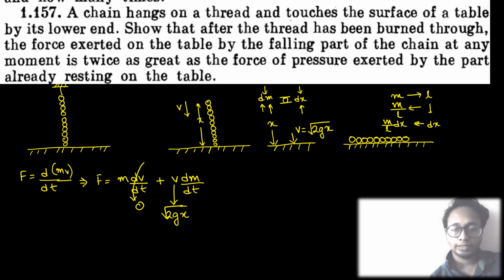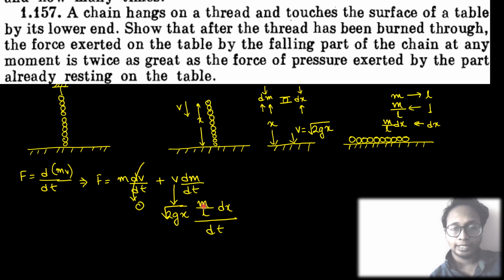So what is dm? Dm is nothing but m by L into dx, divided by dt. Dm out here is substituted by this value, and this value we got by unitary method.